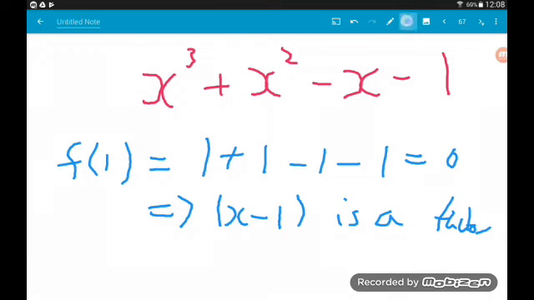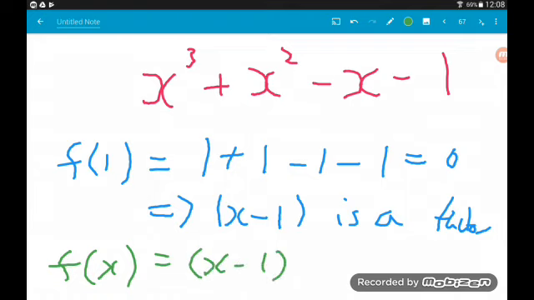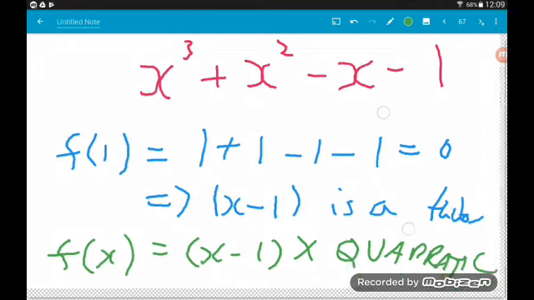Good news. So what we can say now is that f of x is equal to x minus 1 times some general quadratic factor.